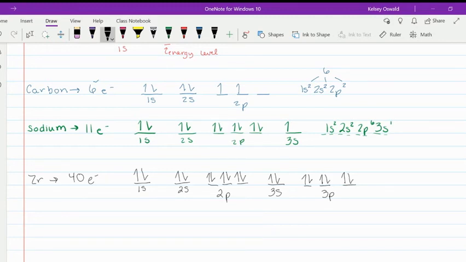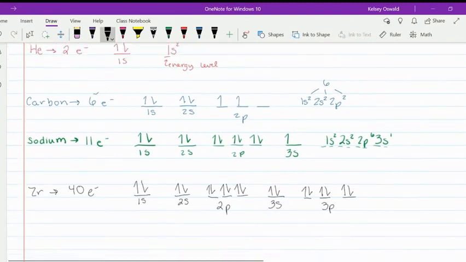So right now we're sitting at 1s2, 2s2, 2p6, 3s2, 3p6. So right now we've placed 18 electrons. That means we have 22 to go. So we're still not quite done.